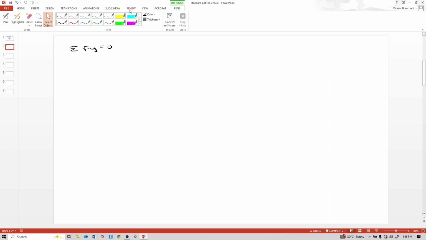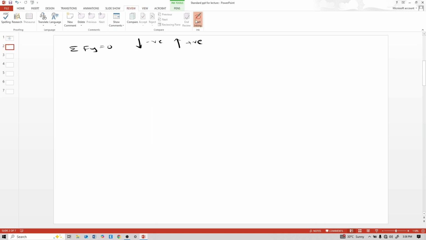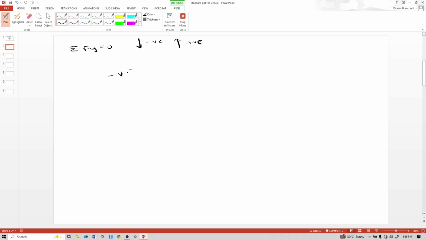So downward direction is negative and upward direction is positive. So minus V of x plus V of x plus delta x minus W of x into delta x equal to 0.